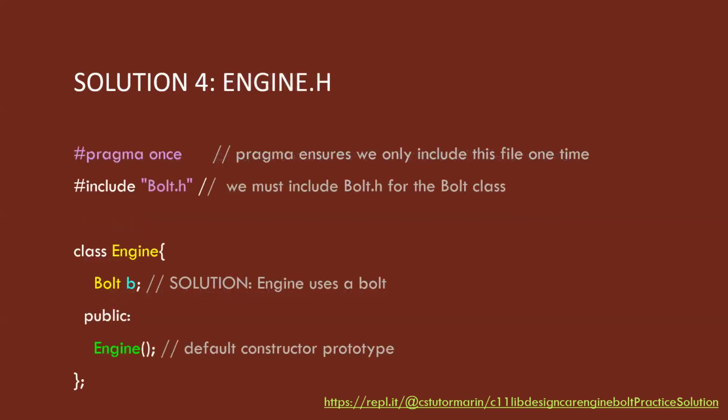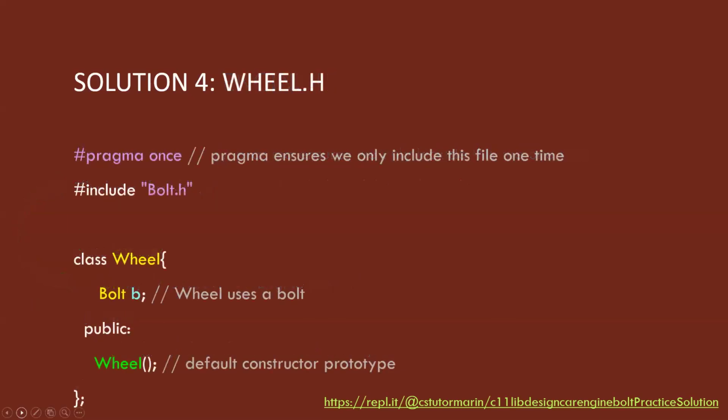And then here's my engine. Notice that because I am mentioning the bolt word there, I have to include bolt.h in the engine.h file because the compiler does not understand what we're talking about unless we get that in there, okay? So one copy gets pulled in via my include.